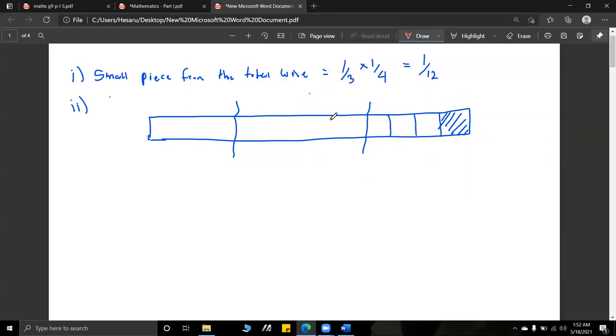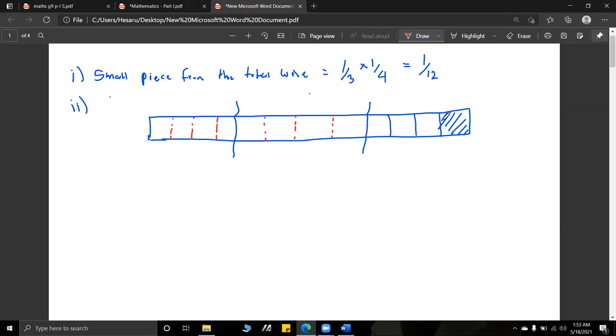If you imaginarily divide these parts also into 4 parts like this, the total small parts will be 1, 2, 3, 4, 5, 6, 7, 8, 9, 10, 11, 12.